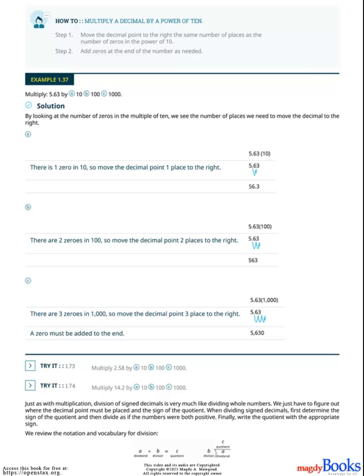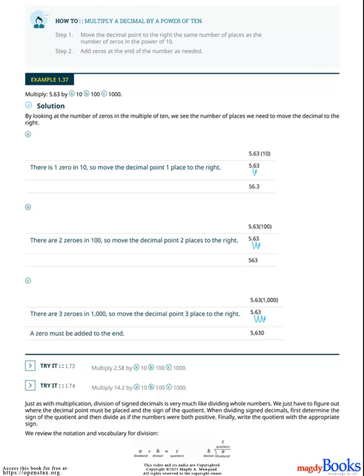5.63 becomes 56.3. B. 5.63 times (100). There are 2 zeros in 100, so move the decimal point 2 places to the right. 5.63 becomes 563. C. 5.63 times (1000).